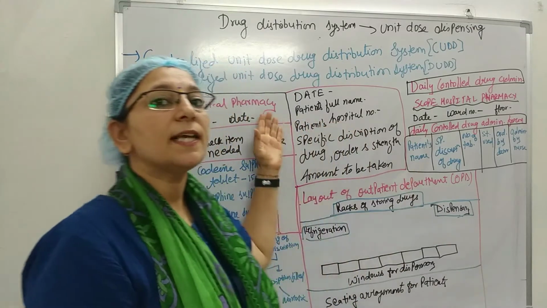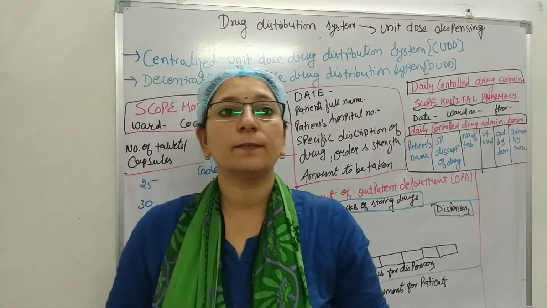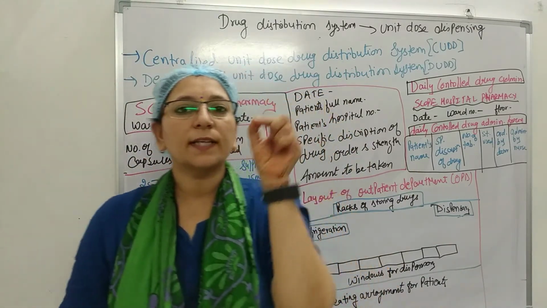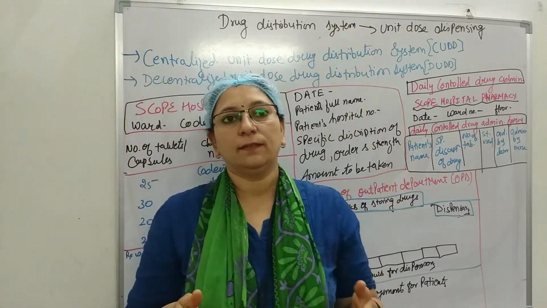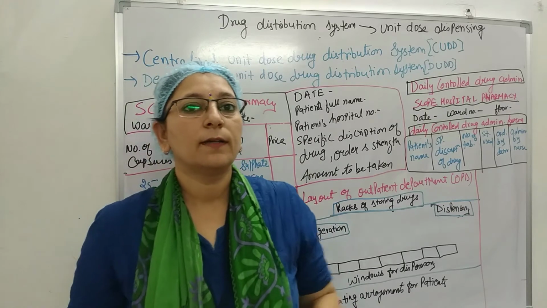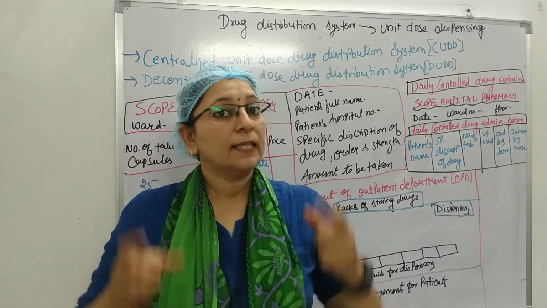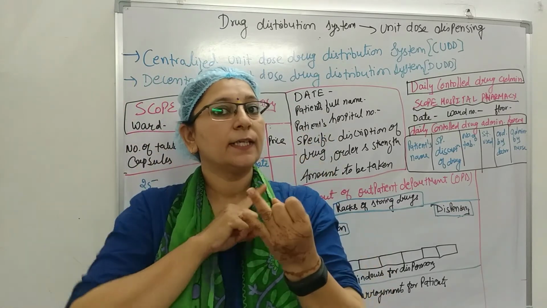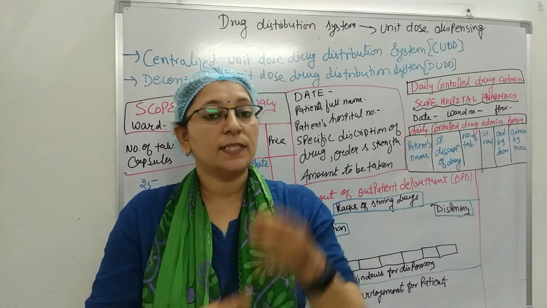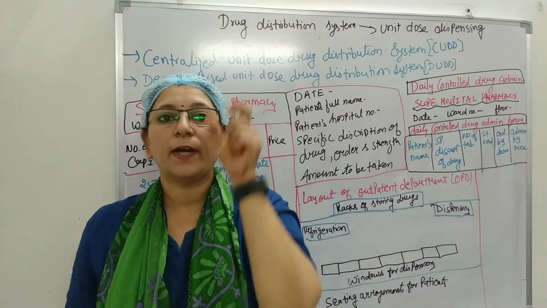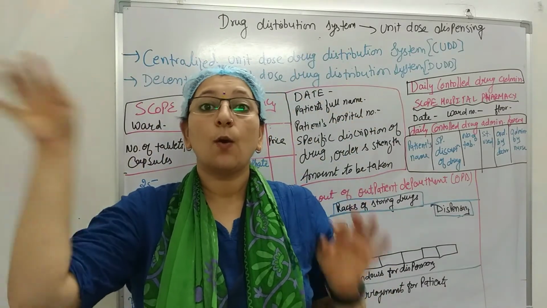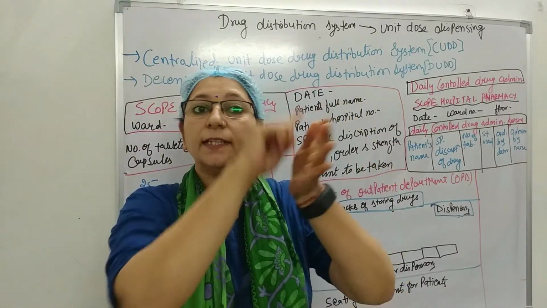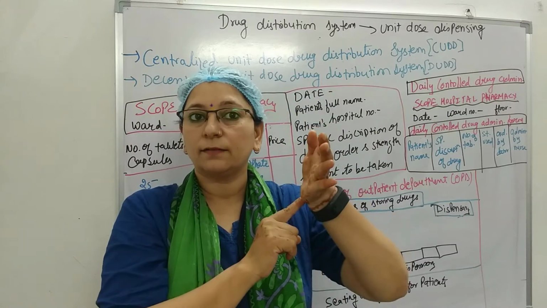Now the second is the decentralized unit dose dispensing system. This operates through small pharmacies located on each floor of the hospital. The procedure is: a patient profile card containing full data, disease and diagnosis is prepared. Prescriptions are sent directly to the pharmacist, which are then entered in the patient profile card.